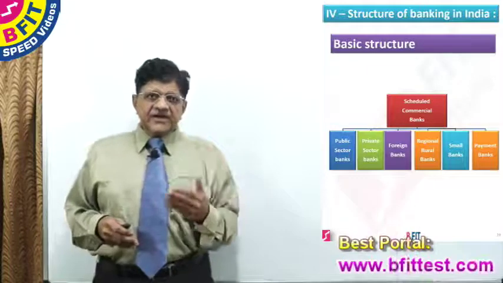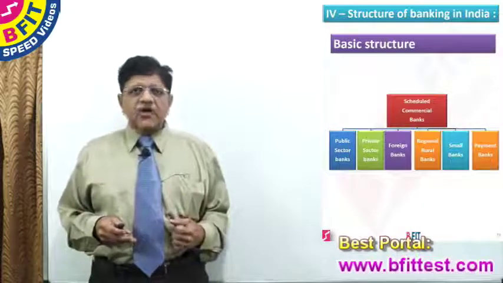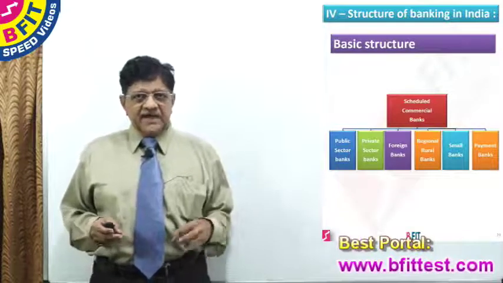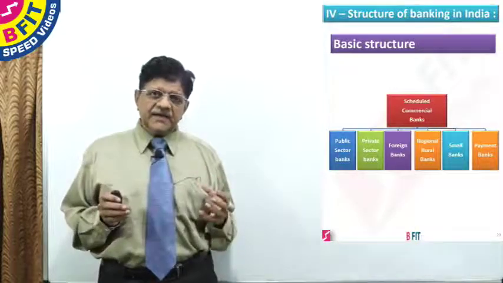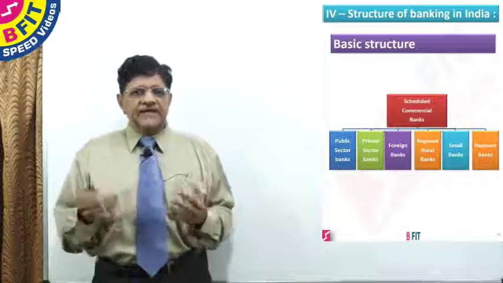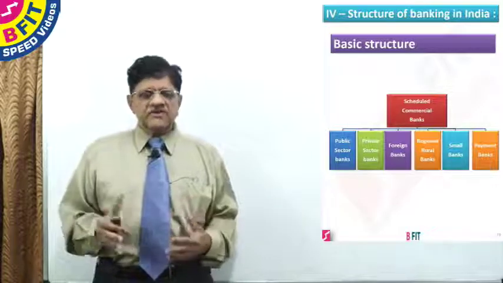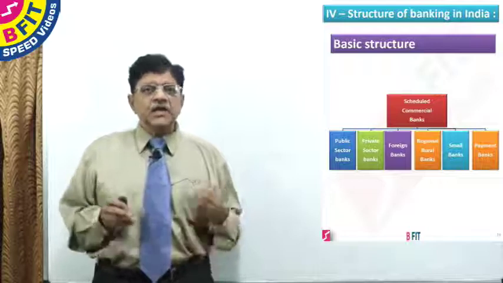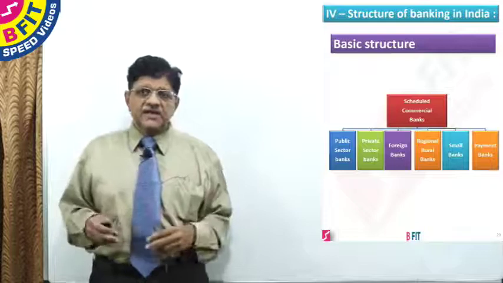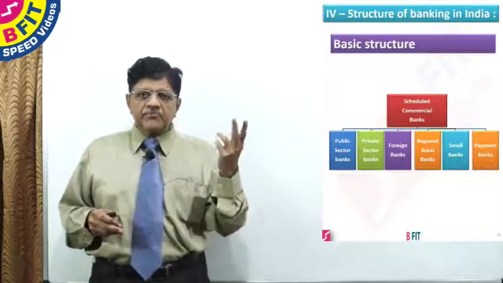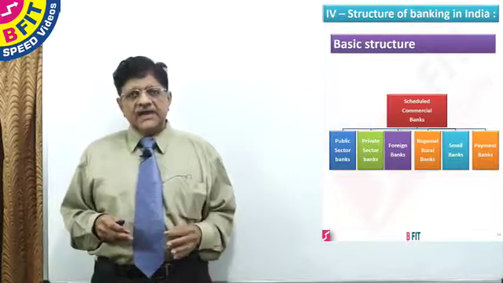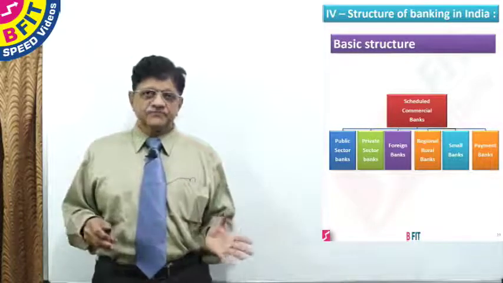Then in 1975-76, the Government of India wanted to focus more on rural areas, and they wanted a very adaptable bank to take care of the requirements of the rural area. Therefore, they came up with a new innovation called regional rural banks. And Reserve Bank has started two different types of licenses, one for small banks and the other for payment banks.